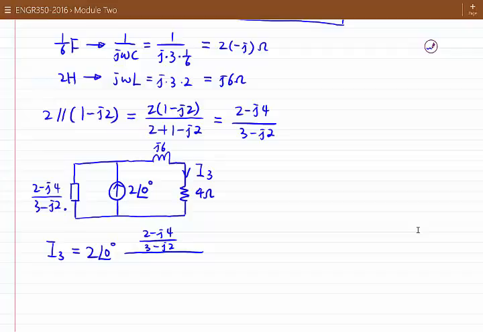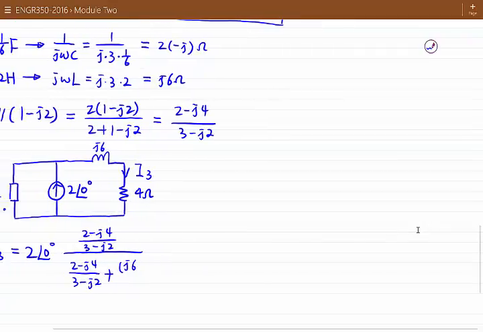The denominator will be the sum of the impedances in the two paralleling branches, so it will be 2 minus j4 over 3 minus j2 plus the impedance in the other branch, plus 4 ohm. Okay.